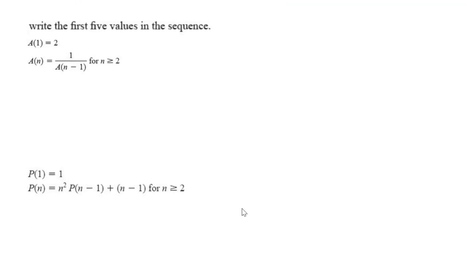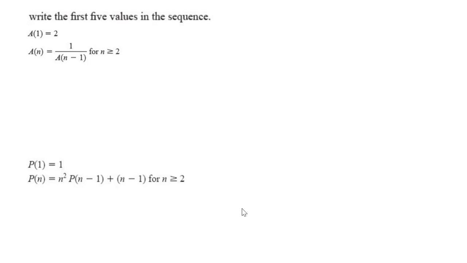Let's see another example. Here it says find the first 5 values of the sequence. A1 is given as 2, and An is equal to 1 over the previous one, A of n minus 1, for all n greater than or equal to 2. So A2 is 1 over A1, the previous one, which is 1 over 2.